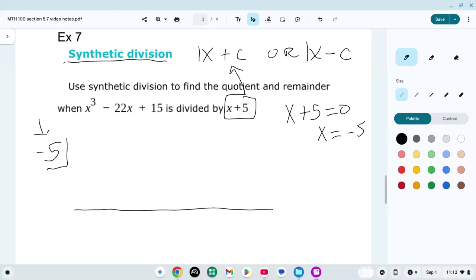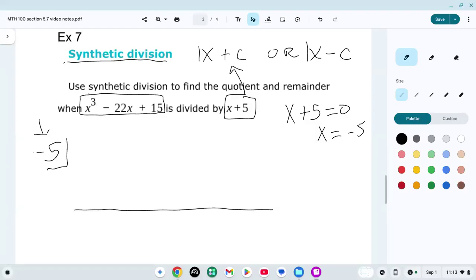Now, to complete the table, I'm going to take my polynomial here, the x to the third minus 22x plus 15. And I have to ask myself, am I missing any terms? Just like in long division, you have to ask yourself, are you missing any terms? And should you have a placeholder? Now, a good rule of thumb is based on the exponent x to the third.